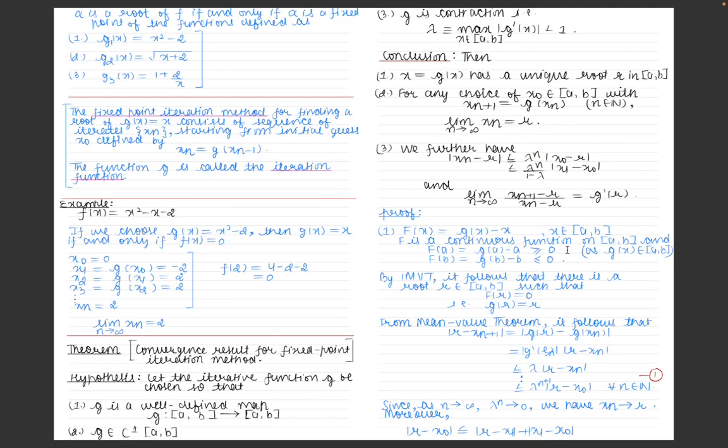Oh, sorry. If alpha is a fixed point of each of the following functions defined below: g1(x), second g2(x) is square root of x plus 2, right?